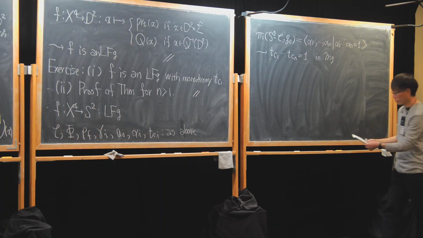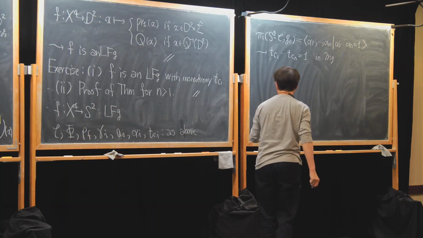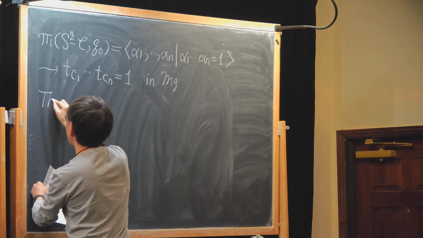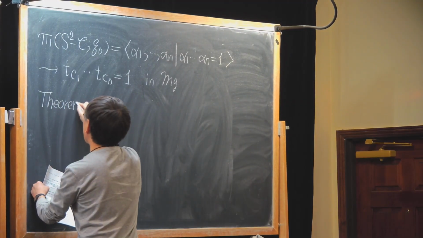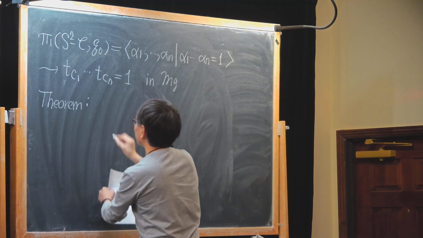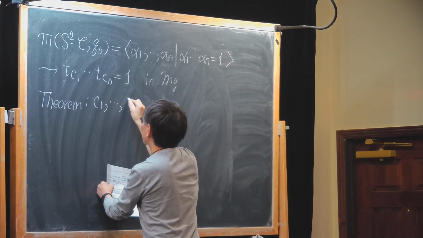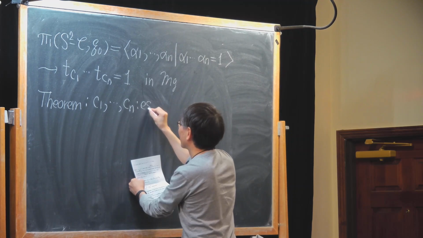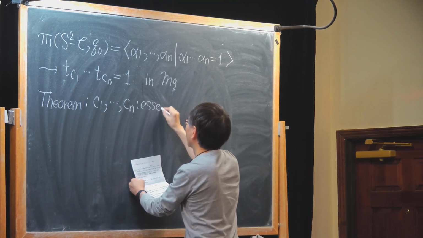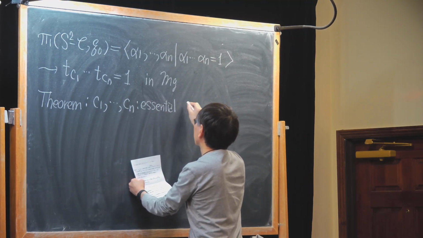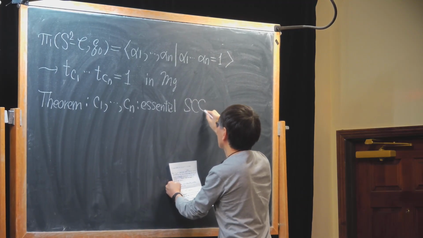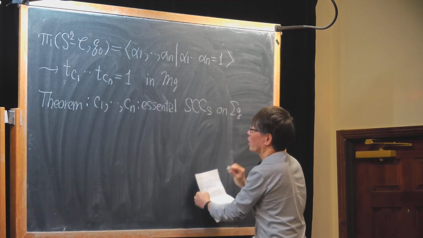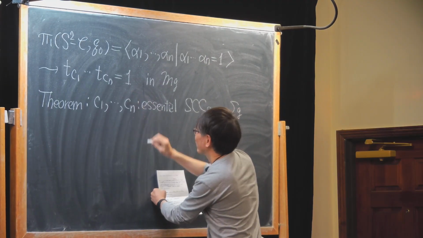Then the existence theorem for Lefschetz fibrations over S2 is as follows. So let C1 to Cn be essential simple closed curves on sigma g. And we assume that this relation holds.